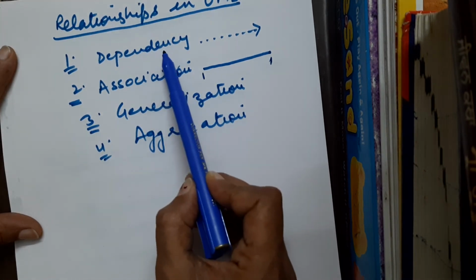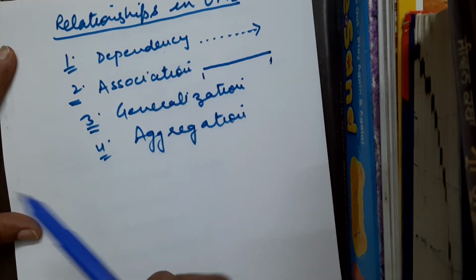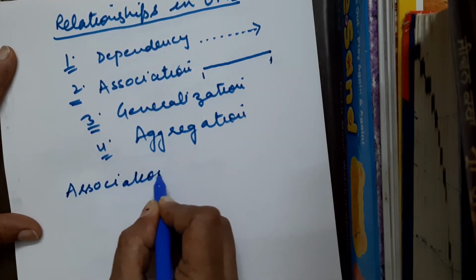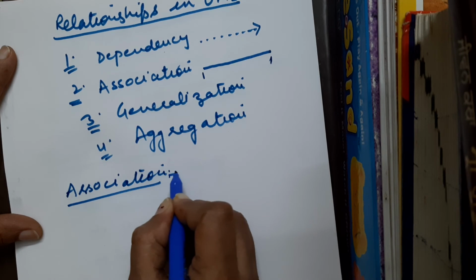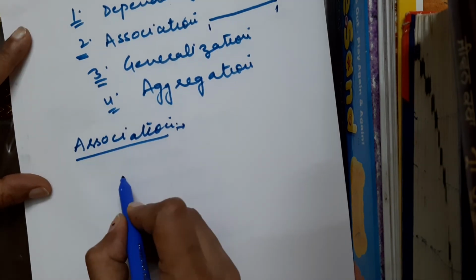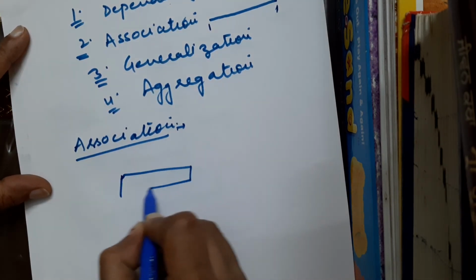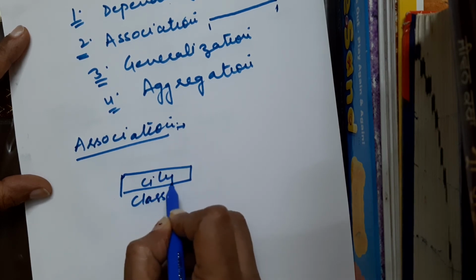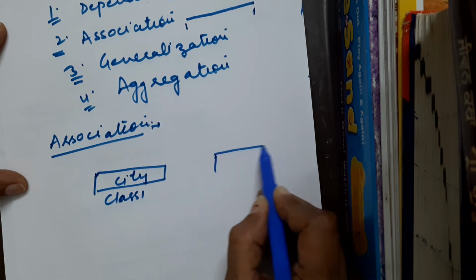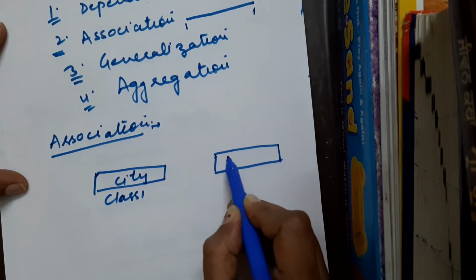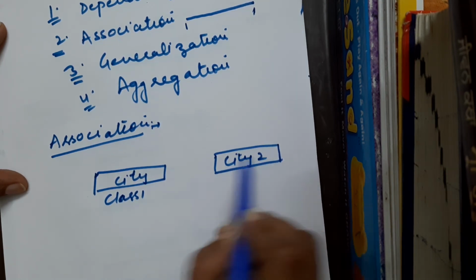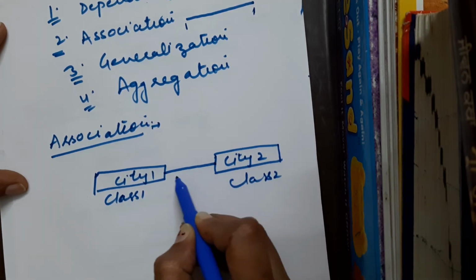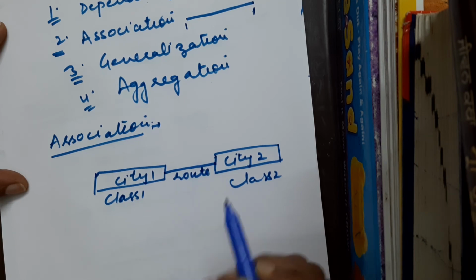So dependency we know is when one class is dependent on the other. Let's focus on association. Suppose we have one class named City 1 and the second class named City 2, and there is a path which we call a route.